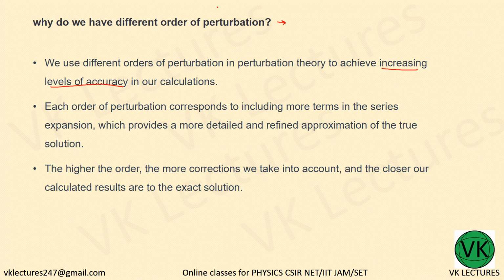The higher the order, the closer we are to the exact value. Each order of perturbation corresponds to including more terms. The more terms in the series expansion provide a more detailed and refined approximation to the true value.